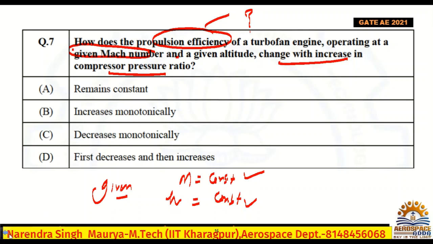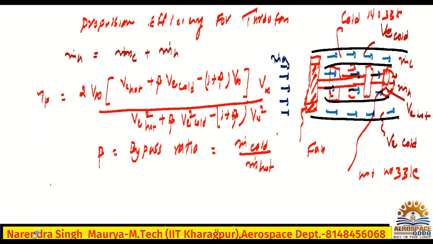You tell me, if you are changing the compressor pressure ratio, any effect you will talk about in the cold nozzle? No, because you are changing the quantity in the hot nozzle. Okay, in the core path. This is called the core also. This is the core channel.